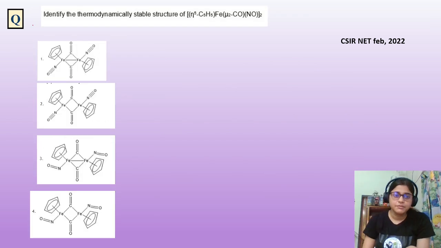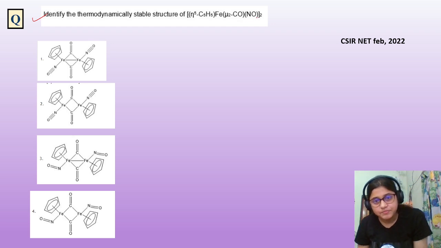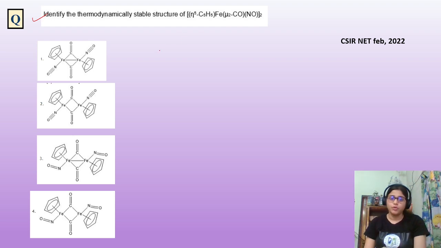Again one question. Identify the thermodynamically stable structure of eta 5 C5H5 Fe mu2 CO and NO whole 2. Okay, this also came in CSIR-NET February 2022. This kind of weird structure is given, but let's see how many electrons they are actually giving.